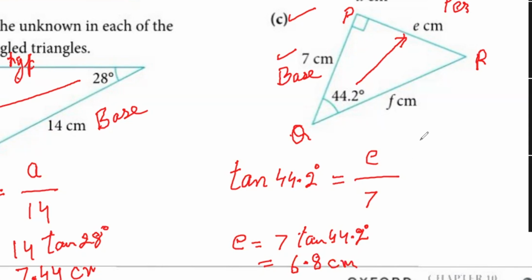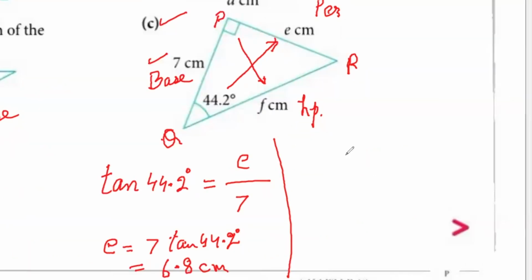Well, now we have to find out the remaining side F. You know that F is against the 90 degree angle. So F will be hypotenuse. Okay. This will be hypotenuse. I am writing HP for the sake of convenience. To find out the F side, which is the hypotenuse. Okay. So now we have to find out hypotenuse because F side is hypotenuse.